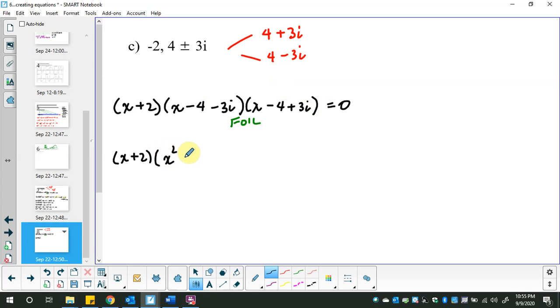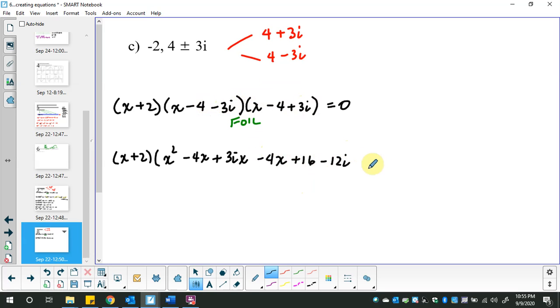X squared minus 4x. X times x. X times negative 4. X times 3i. Negative 4 times x. Negative 4 times negative 4. Negative 4 times 3i.